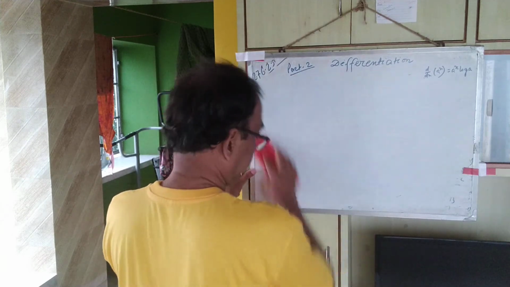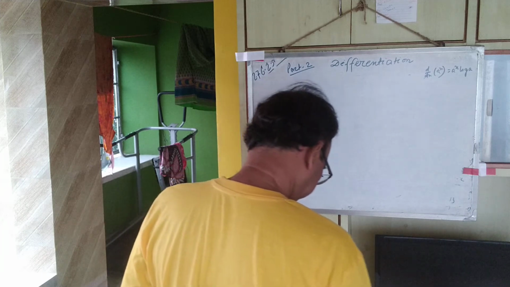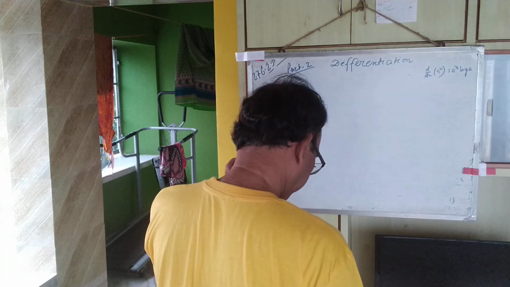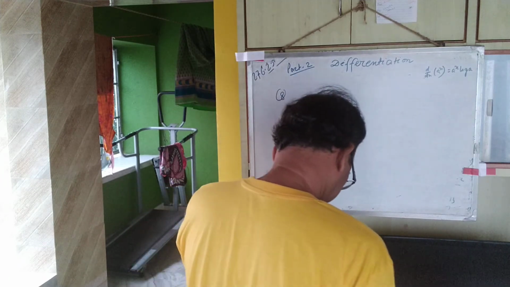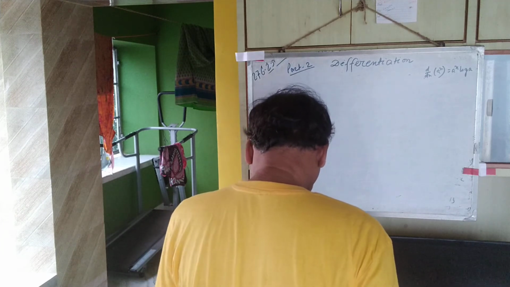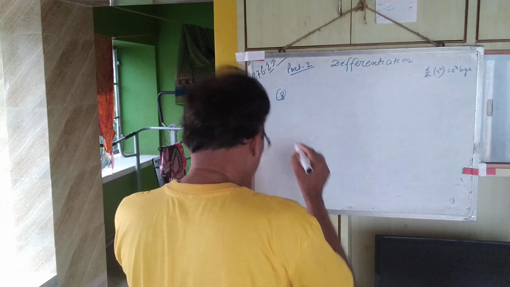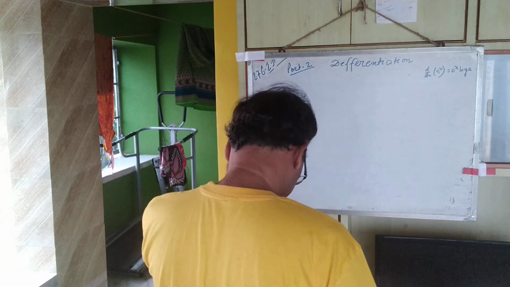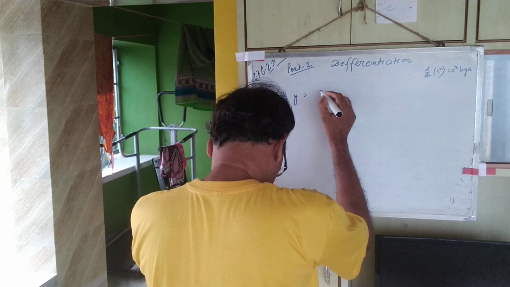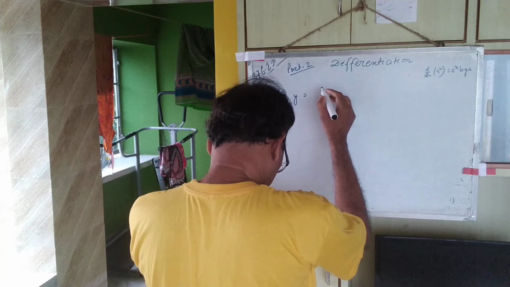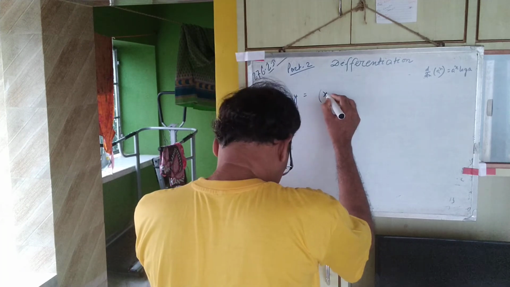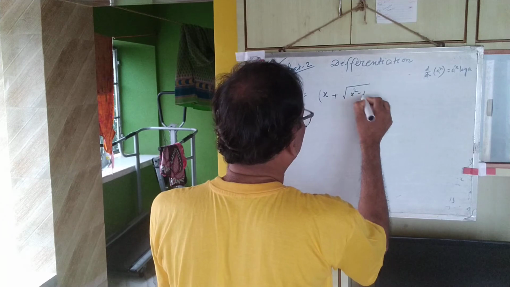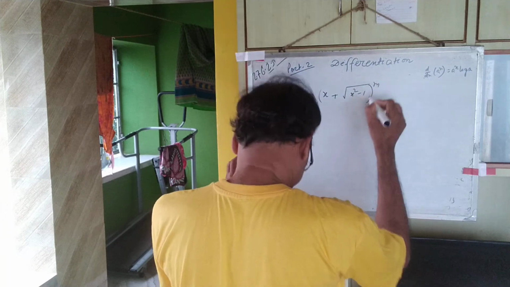Next, sum number 8. Y equals to (x plus root over of x square minus 1) whole to the power m.